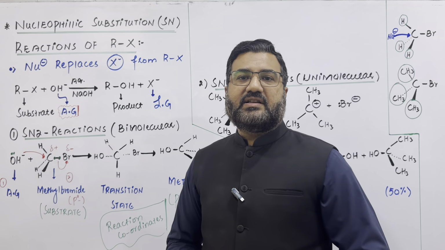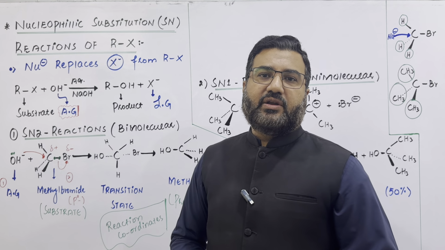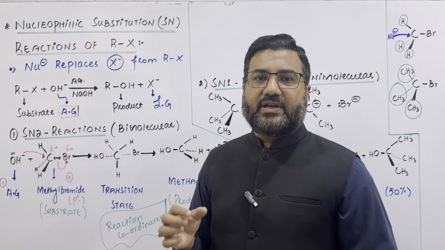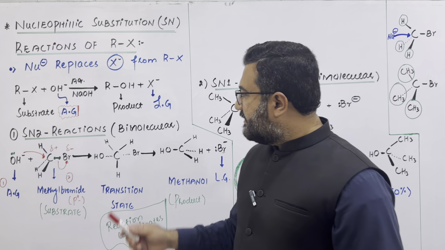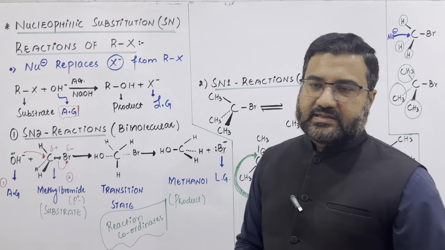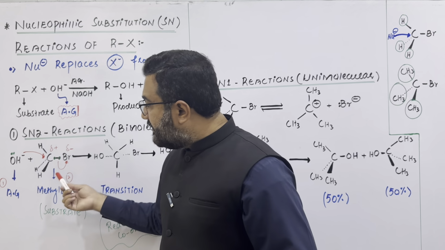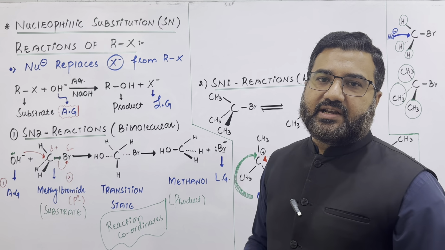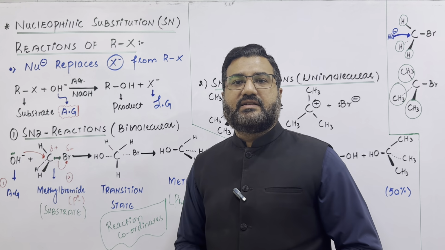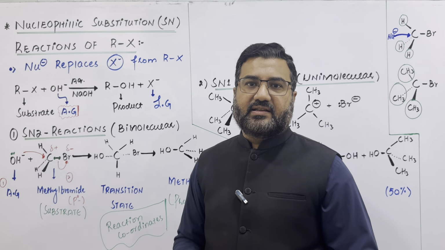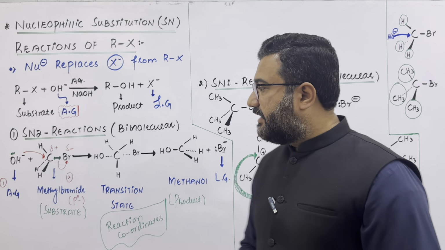And those reactions in which two molecules take part in the slowest step or rate determining step are called bimolecular reactions. So that is why this reaction will be called a bimolecular reaction, because there are two molecules which are taking part in the slowest step of the reaction, in the rate determining step of the reaction.